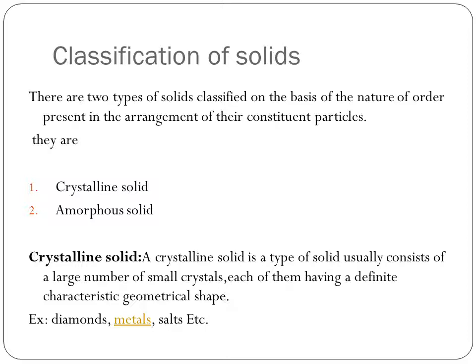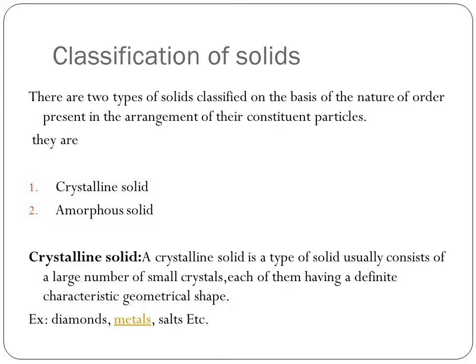You are standing in a straight line. Boys' lines are made separate, girls' lines are made separate. So you can see coordination, the systematic standing of students. Same way, the small crystals are arranged systematically in the crystalline solids.